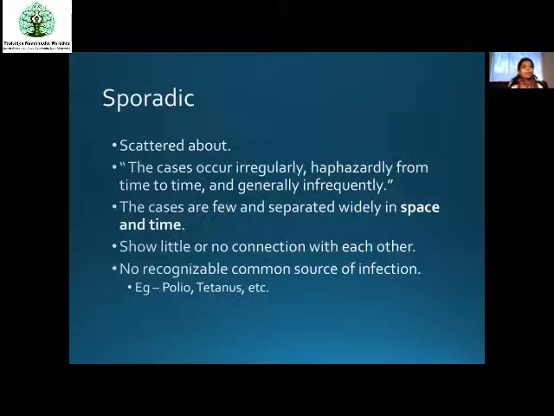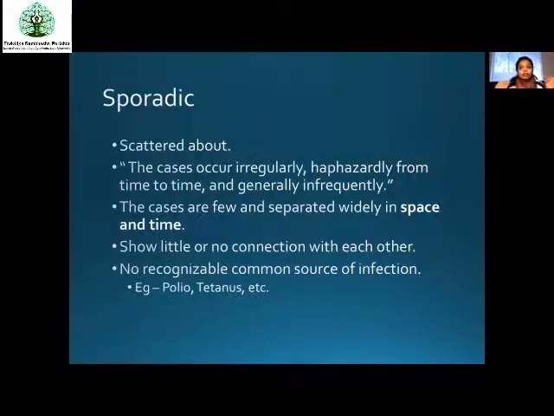Like one case happens in, say for example, Bangalore in 2000, and then suddenly there is another case found in Bidar, not even related by geographic condition, in 2004. So there is a difference in timeline and a difference in geographic area.